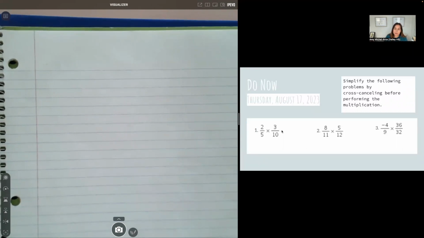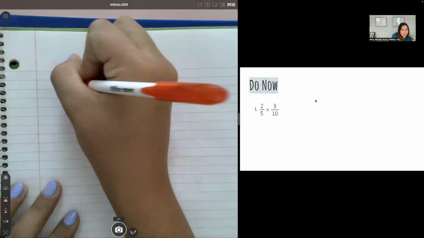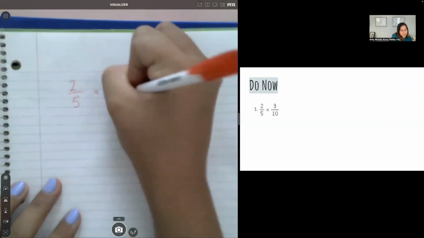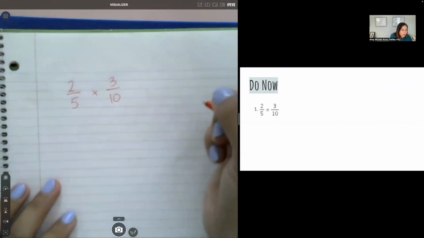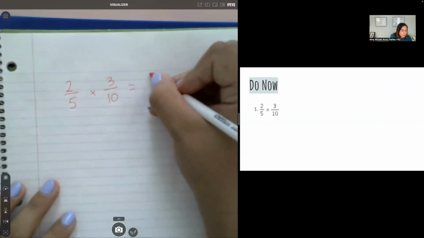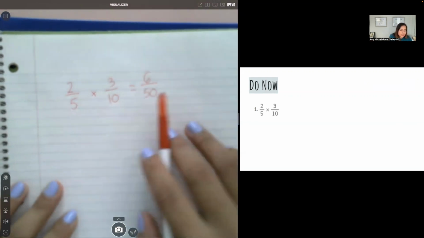In these problems, you're going to cross-cancel before multiplying. 2 over 5 times 3 over 10. If you were to multiply these, you would get 3 times 2 is 6, over 5 times 10 is 50, and then start reducing, right?